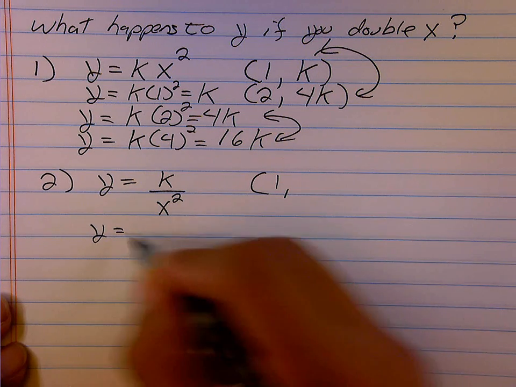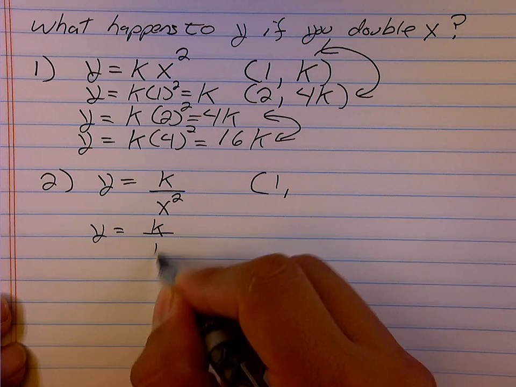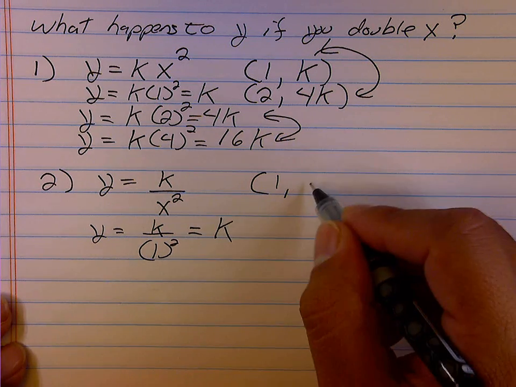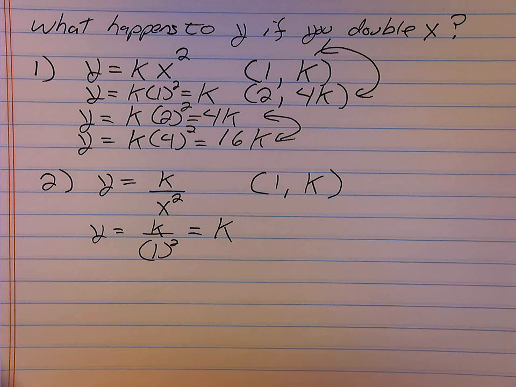Notice what happens whether it's direct or inverse proportionality. When I plug in 1 and simplify it, I get k. This is very convenient. So all I have to do is compare this k to the next y value.